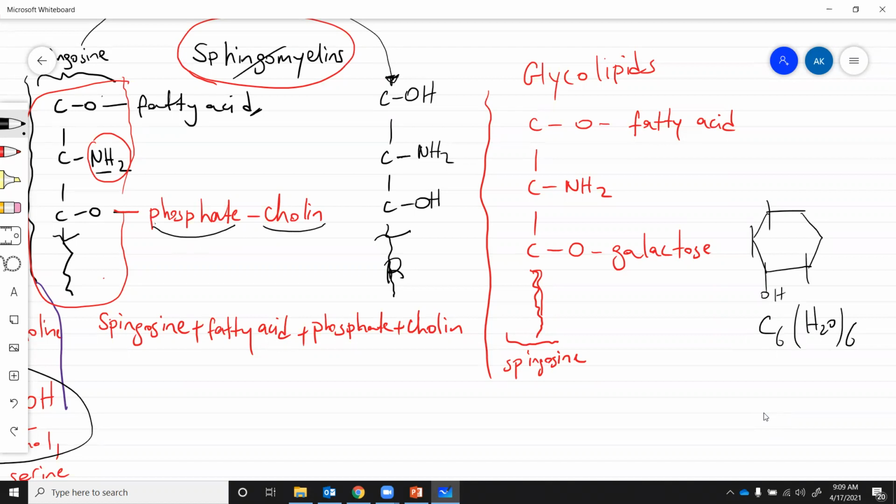I don't know where this OH is exactly, there's the O and there's CH2OH, somewhere like that. But you're attaching this molecule to here, basically. That's what it is. You don't need to know the structure of the galactose.